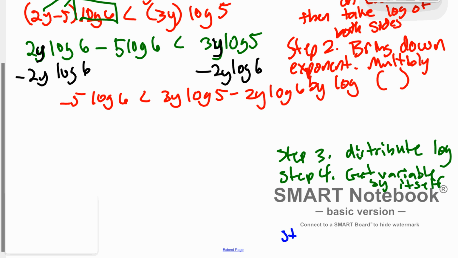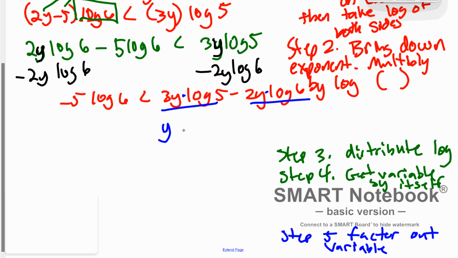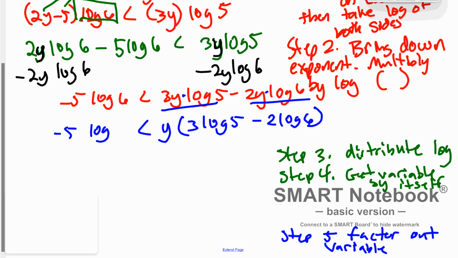Okay, and then once I get the variable terms together, then I factor out. So step 5 would be factor out the variable, because these two terms have a y in them, and those y's are being multiplied by logs, so I can factor out a y. So it's y on the outside, times (3 log 5 minus 2 log 6), put that in parentheses, greater than or equal to negative 5 log 6.